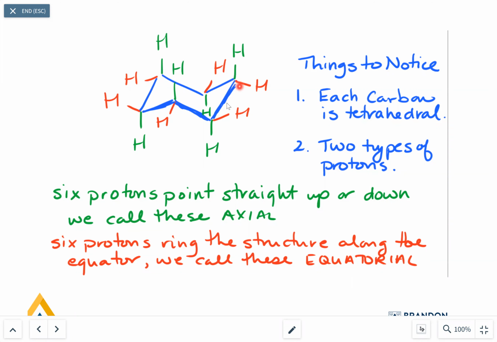And so we introduced this concept of a chair conformation, and here is our chair. These two carbons, drawn in bold, are closer to us, and these two carbons in the back are further away. So we're looking at this from the side.